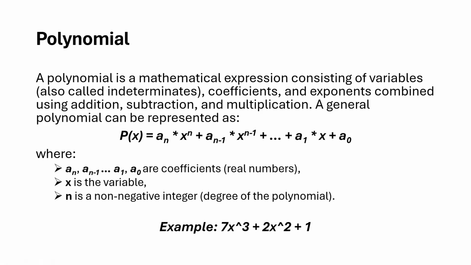So my question is: how can I store this type of polynomial in a computer system? We have to use a particular data structure for this, right? Initially we will learn how to store a particular polynomial in a computer system, then we will learn how to perform different operations on that polynomial.